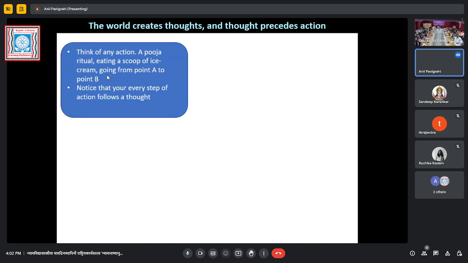In your mind, the imagination is playing out the entire route and also the railway station even before you reach there. So, if you think deeply into any action that you are doing, you will notice that your every step of action follows a thought. So, the thought precedes your action.